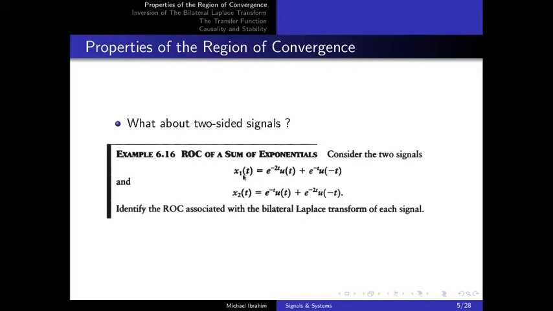As you can see, x1 of t has a component which is right-sided, multiplied by u of t over here, and another component which is left-sided, multiplied by u of minus t. Similarly for x2, so these two signals, as a matter of fact, are two-sided signals. So let's move to our whiteboard and try to solve this example.